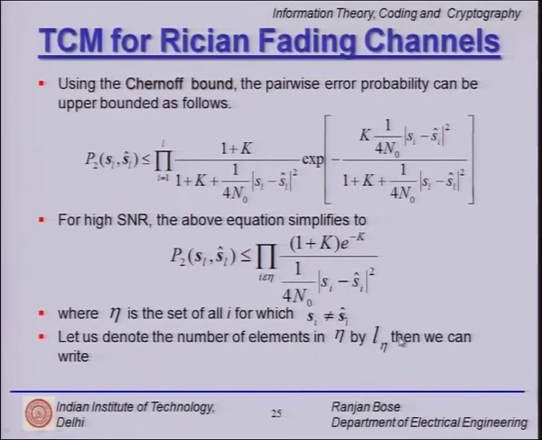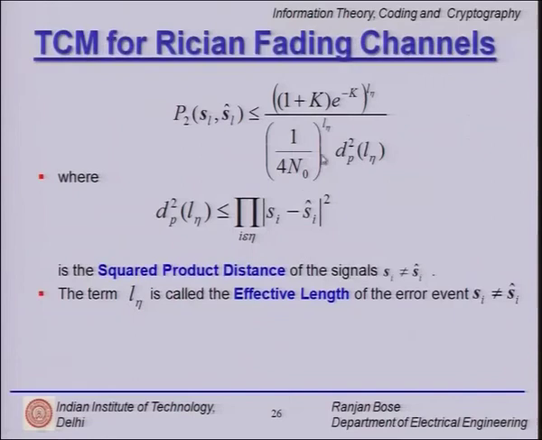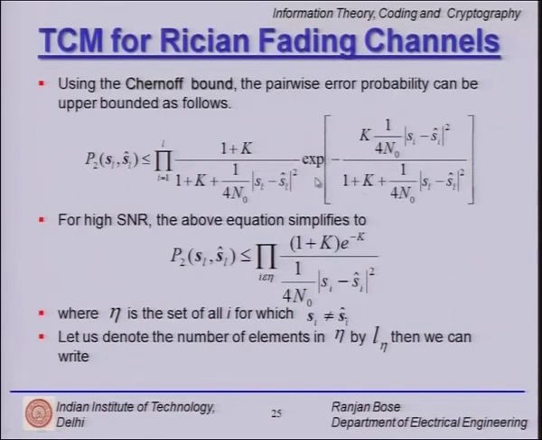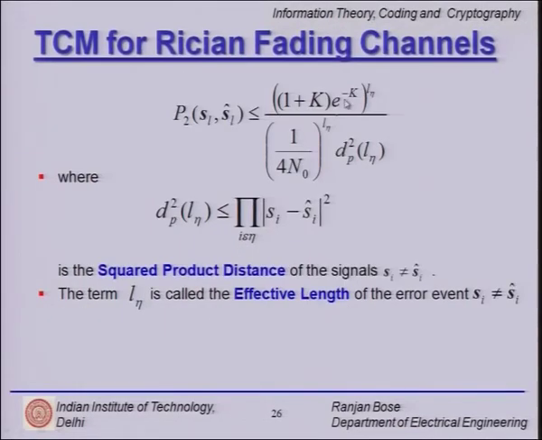So, error happens. So, if you write it down, then from here you can see in terms of the product, i is an element of eta, therefore, you get here raised to power L_eta, because only those number of terms multiply. So, you have got this expression now.